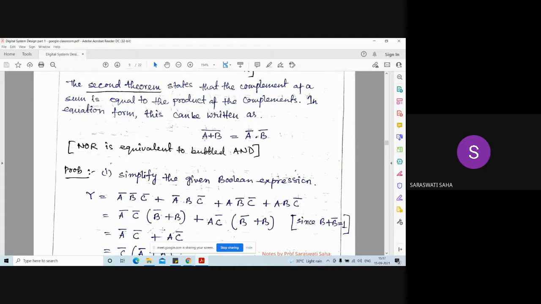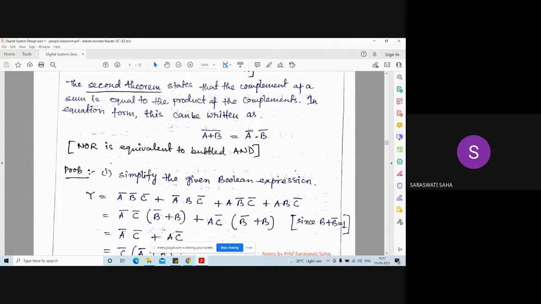So NOR is equivalent to bubbled AND. If it is an OR, then we take the complement of this.